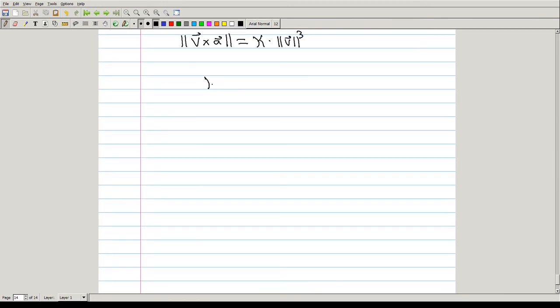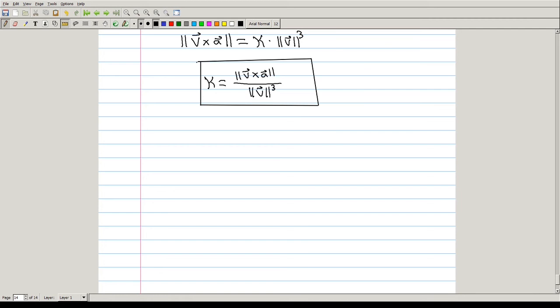If we solve for the curvature, the curvature is equal to the magnitude of the cross product of the velocity and the acceleration at any point, divided by the cube of the magnitude of the velocity vector. And this is the simplified formula for curvature that I was talking about. It's simplified because now if we have a given parametric curve, we can go through and directly calculate the curvature.